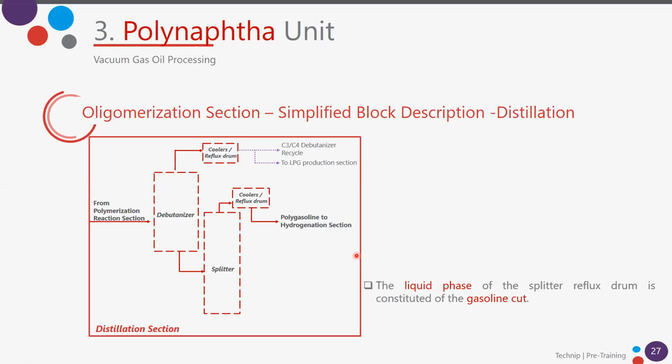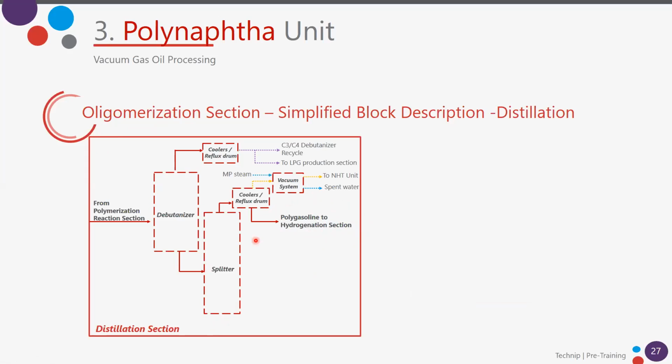So we'll have here our polygasoline, that is our product from this oligomerization section, that we will send to the following section of the polynaphtha unit.